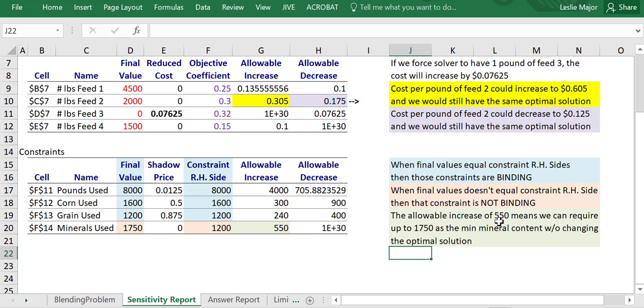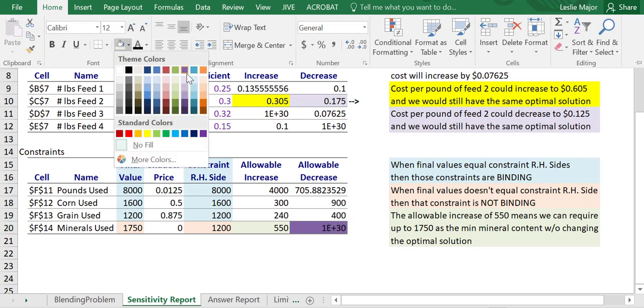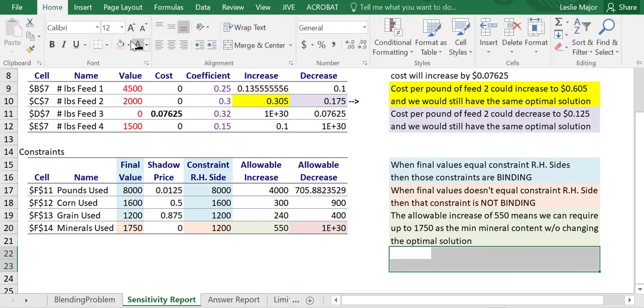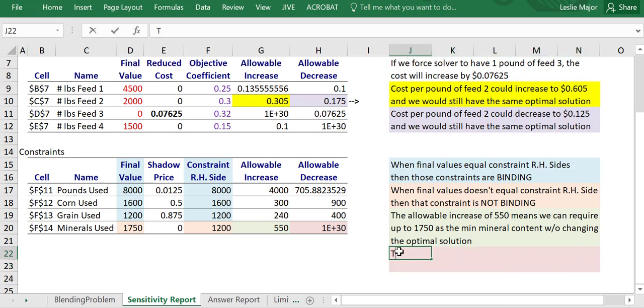Now, on the lower end, let's look at this decrease right here. This allowable decrease looks a little bit funny. We've talked about this before: 1E+30.